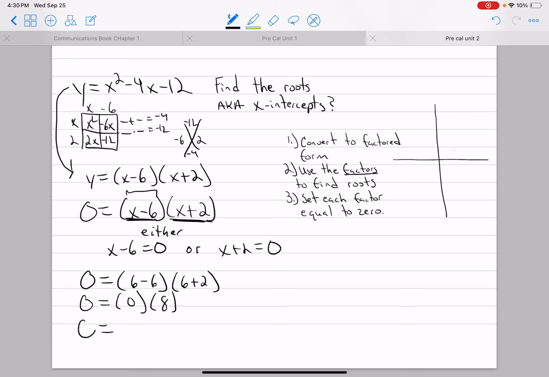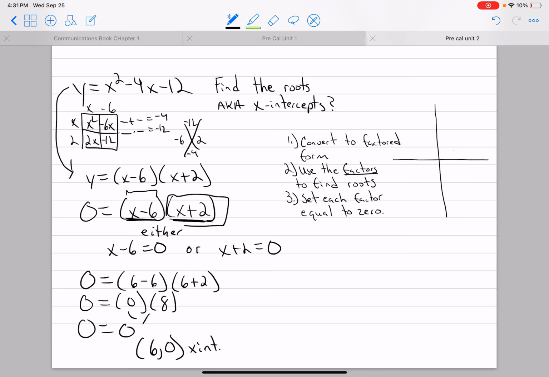That's what we want. 0 times 8 equals 0. This whole equation works. Hopefully that makes sense to you. So one of my x-intercepts has to be at the point where x was equal to 6, so that y ultimately equaled 0. That is an x-intercept. But that is only one of them.